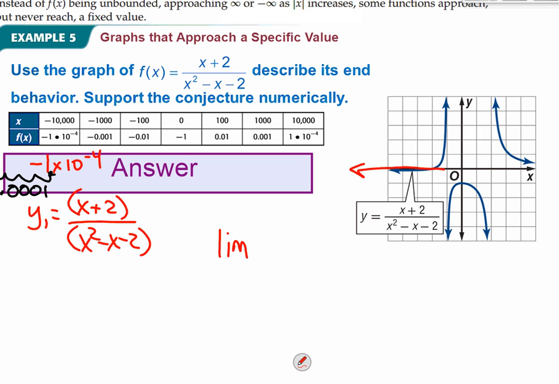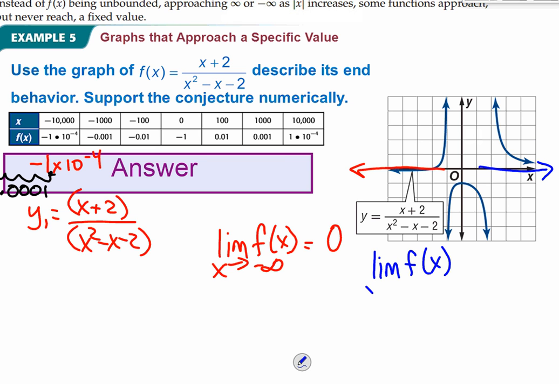So the limit of f of x as x goes to negative infinity is 0, and on the other side, the limit of f of x as x goes to positive infinity is also 0. And it should make sense to you that it could also go to a value other than 0 as it's getting close.